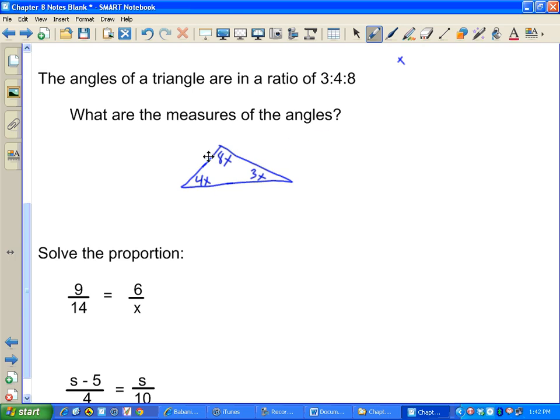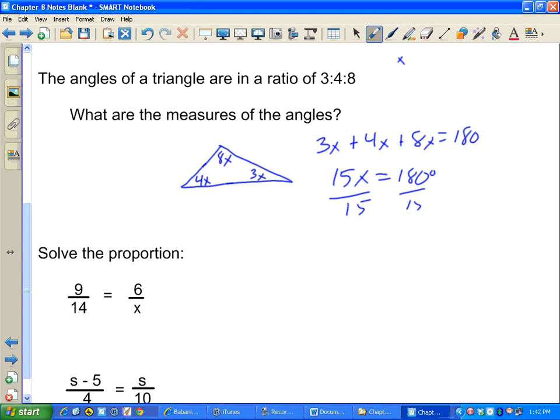Now I just need to use what I know about angles in a triangle. I know that they add up to 180 degrees. So 8x plus 4x is 12x plus 3x is 15x. That equals 180 degrees.